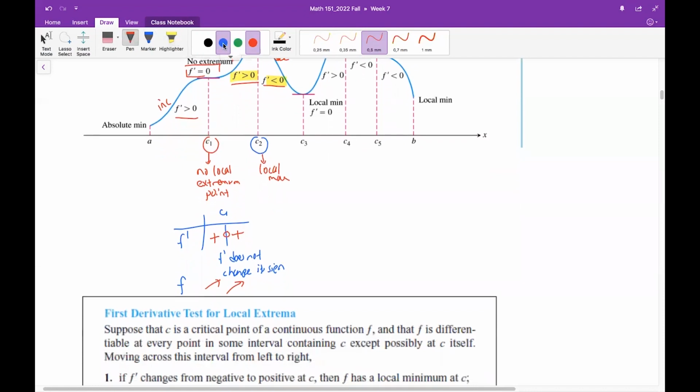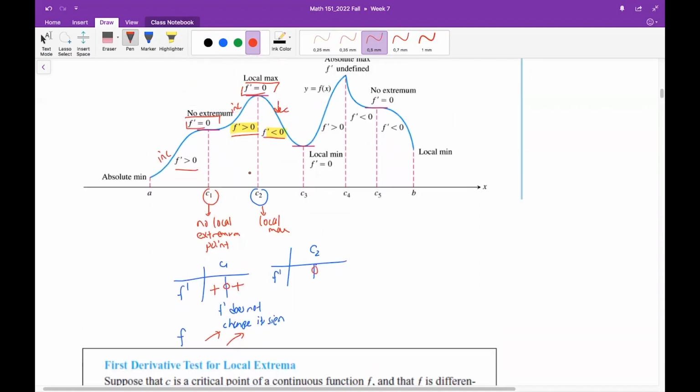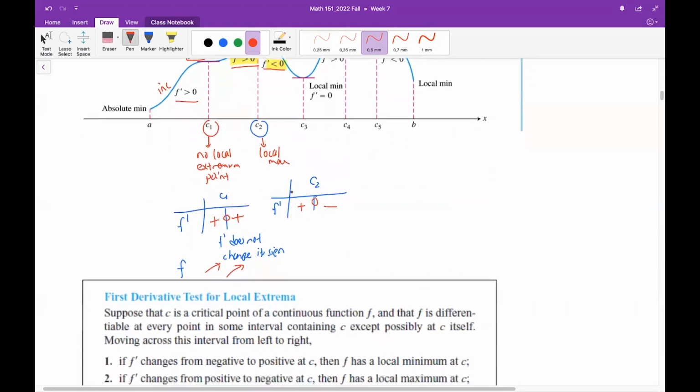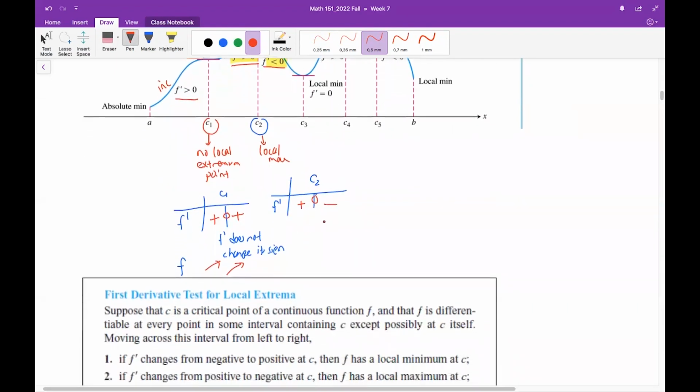Okay, what happens at C2? Let's create a diagram together. At the point C2, first derivative function is 0. Before C2, your function is increasing. That's why first derivative should be positive. After C2, your function is decreasing. That's why your first derivative should be negative. You see, first derivative changes its sign. And this suggests what?